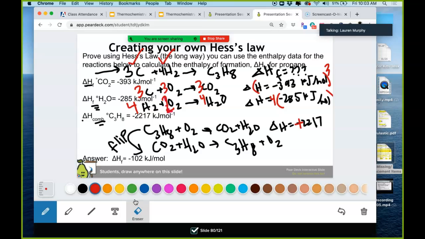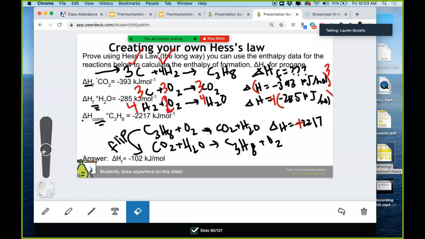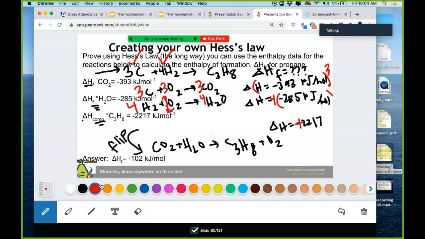And now I'm going to erase this equation, because I just don't want it to confuse me. Okay, so let's see. I have 3 carbons, 4 hydrogens, and I have propane. We're going to cross our fingers that everything else goes bye-bye.